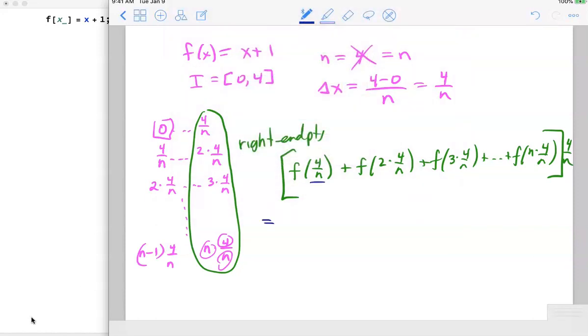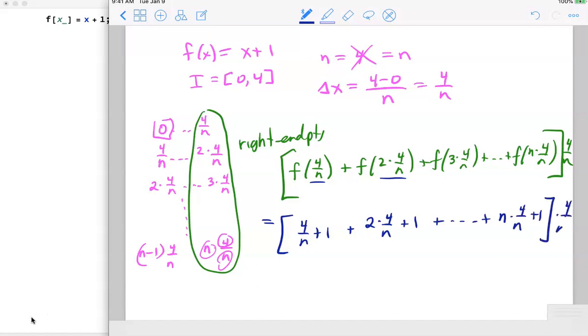The function at 4 over n is 4 over n plus 1. The function at 2 times 4 over n is 2 times 4 over n plus 1. Plus, and you can see this process continuing until we get n times 4 over n plus 1. And then all that will be multiplied by 4 over n.